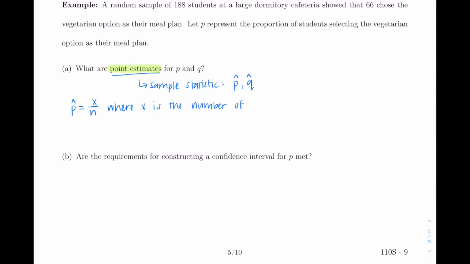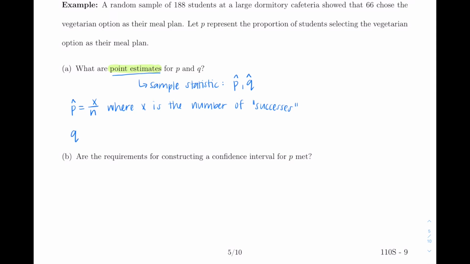I'm going to put successes in quotes because it doesn't necessarily mean success in the terms that you would normally define it. So in this case, choosing the vegetarian option would be considered our success outcome, but that's not necessarily a successful thing. So kind of keep that in mind. It's essentially just the number of people that responded one way. And so that's what p hat is equal to.